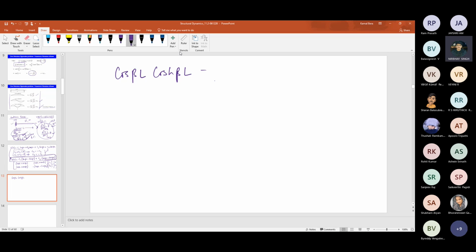No, sir, plus 1. So 1 plus cos beta L cosh beta L equals 0. That is the standard for cantilever beam. And for simply supported, sin beta L equals 0. Please check it. This has to be because this is an exact solution.